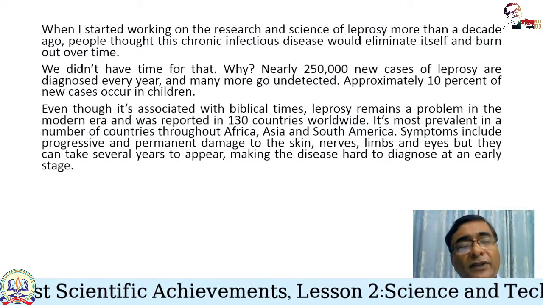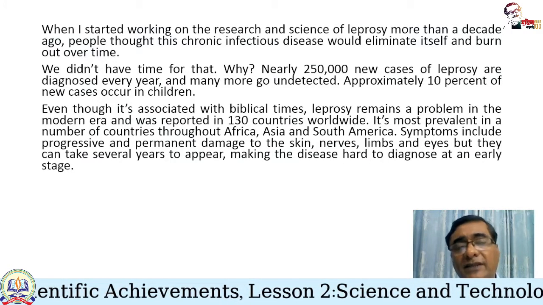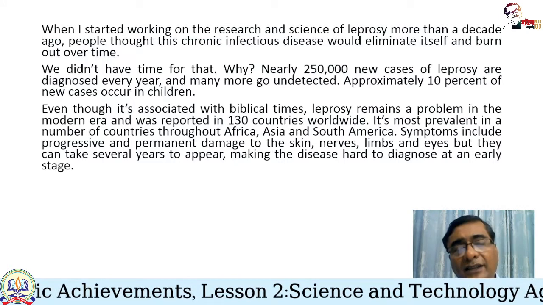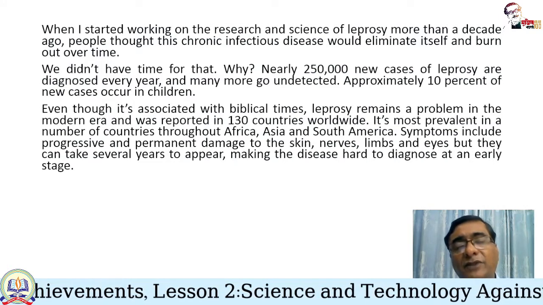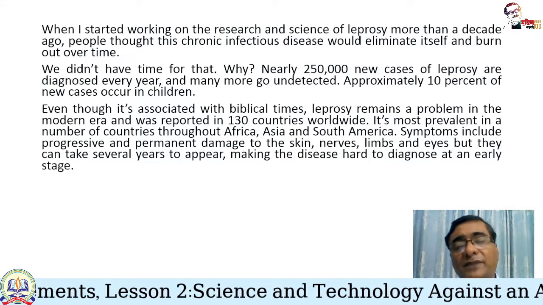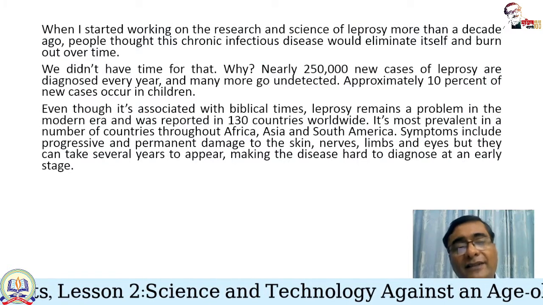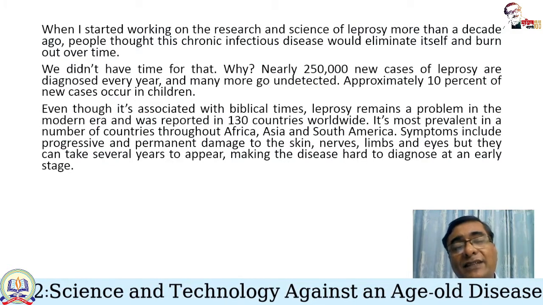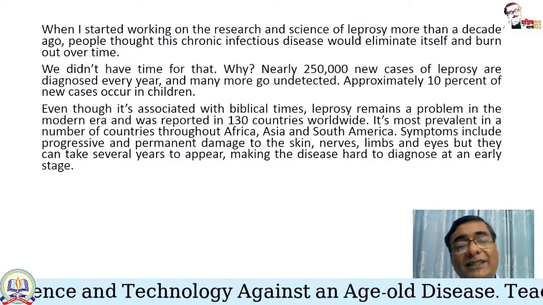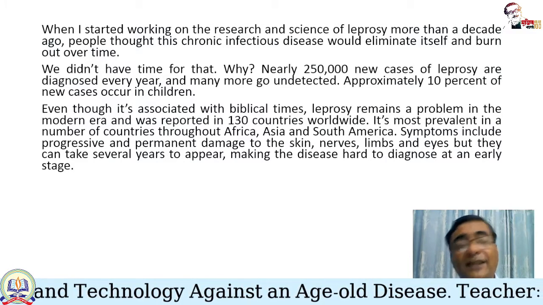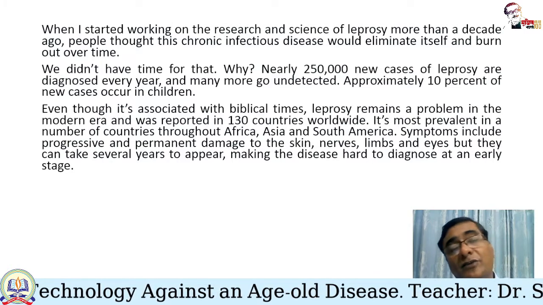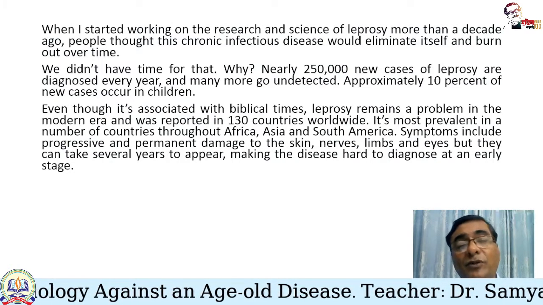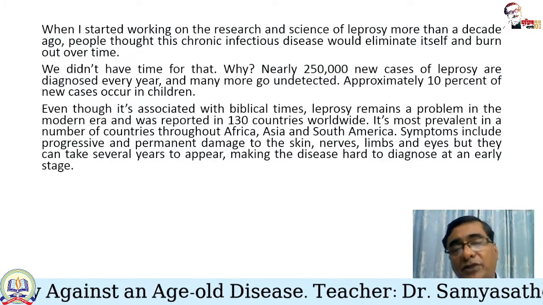Even though it's associated with biblical times, the term, the word leprosy is also present in the Bible. And that is why I said at the beginning that the word leprosy has an association with sin. And it is considered that if someone commits sin, then he suffers from leprosy.